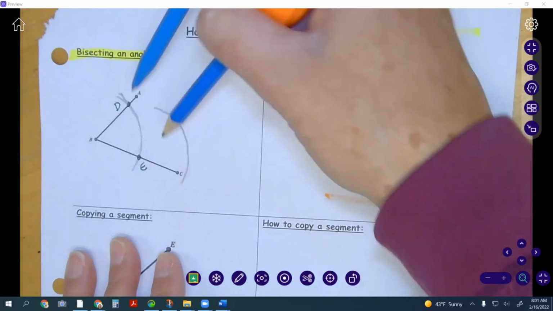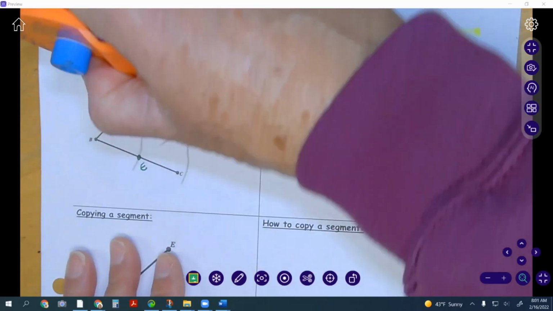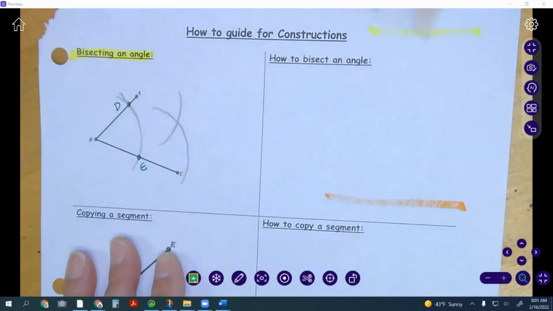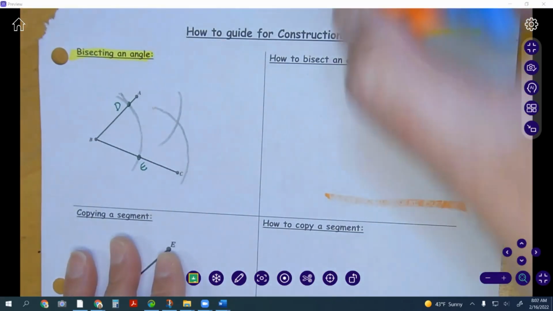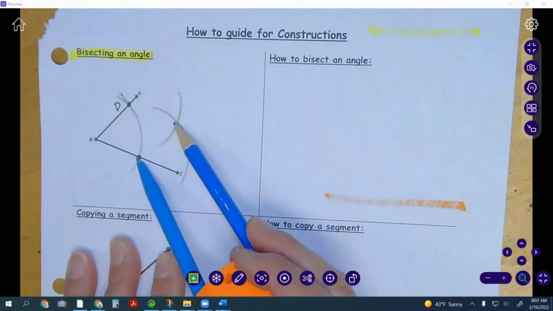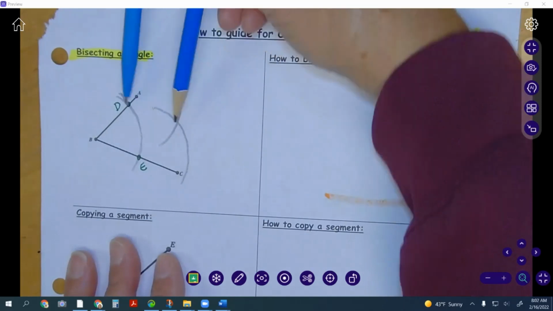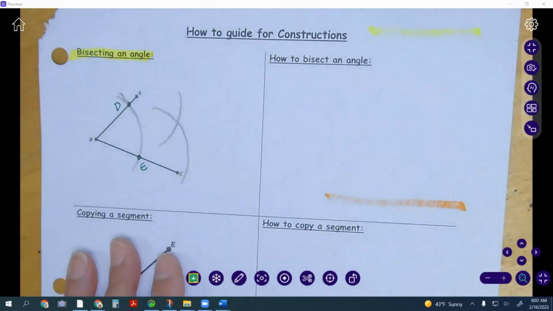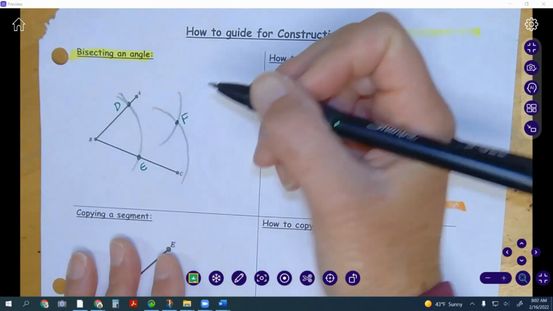That was at E. I'm going to come to D and do the same thing. And I get where those 2 circles intersected. This one was centered at E, and this one was centered at D. Where they met right here, I'll call it F, again, just to have a reference.